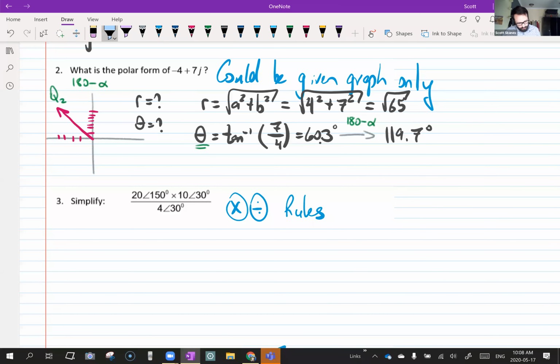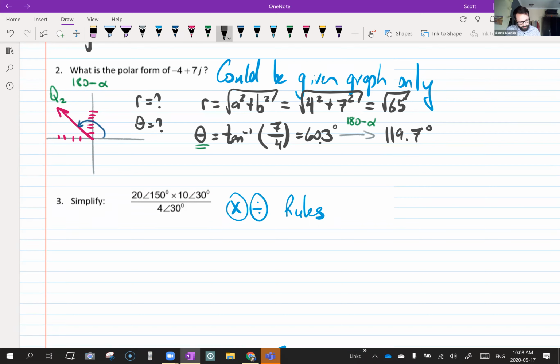Okay, so my most important pieces are the r and the theta, which I have. The theta should make sense because look, it's gone to 90, and then it's a little bit more than 90. It's at 120 or so, 119. So this makes sense. Of course, this is the angle I'm looking for, is this guy.